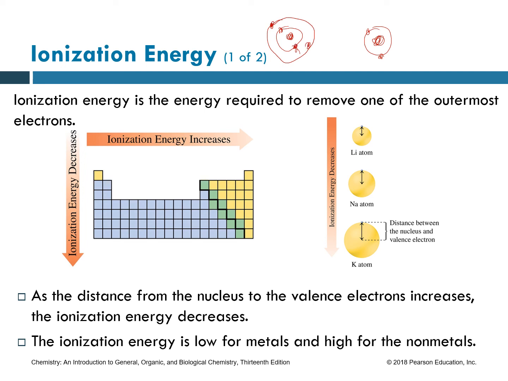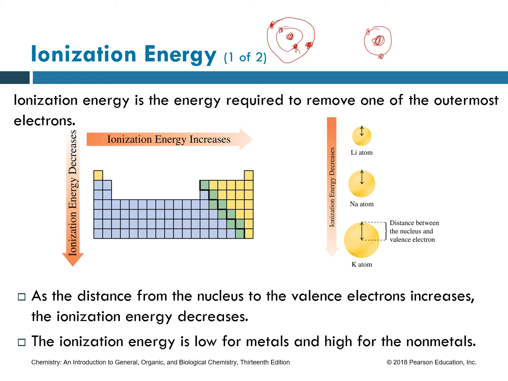These electrons, remember, are attracted towards the protons, and that's what keeps them in their place. So if I want to remove this outermost electron from its energy level, we have to give a lot of energy to separate it, right? The amount of energy that is needed to separate it is called the ionization energy.